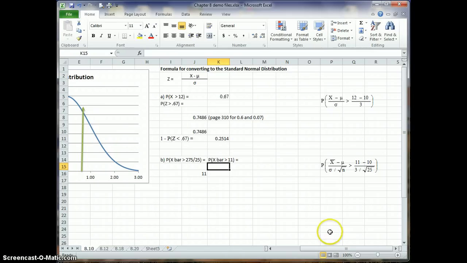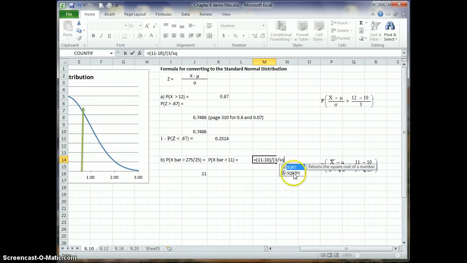That's where we get all of this, and just to show you that calculation, I'll show you an easier way in problem 12, but it's equal to 11 minus 10 divided by 3 divided by the square root of 25. And when we do that, it's 1.67.